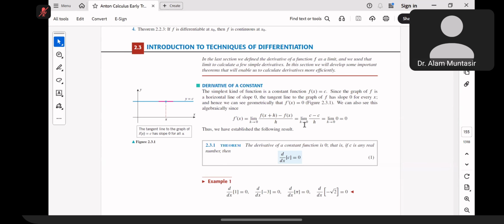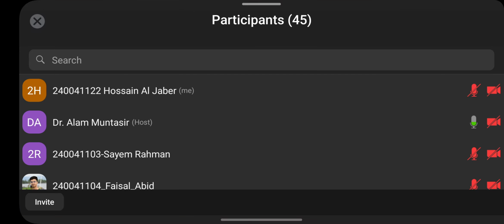Now we are moving to section 2.3, where especially we'll be discussing some techniques or some set rules for differentiation. This is a very well-known chapter, with very well-known formulas for all of you.